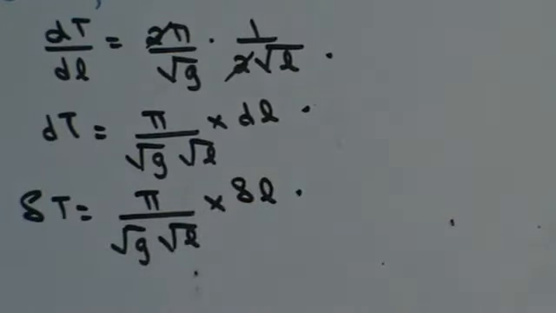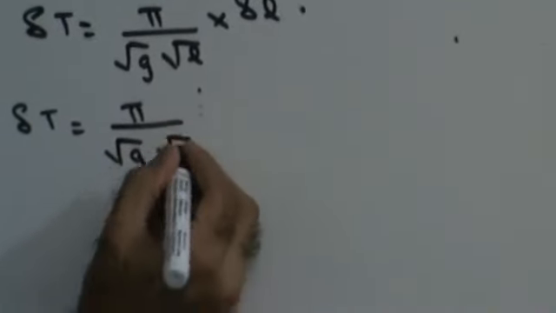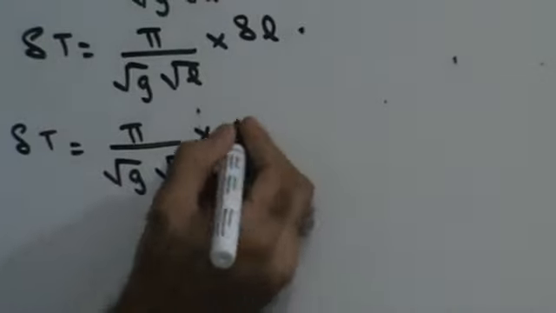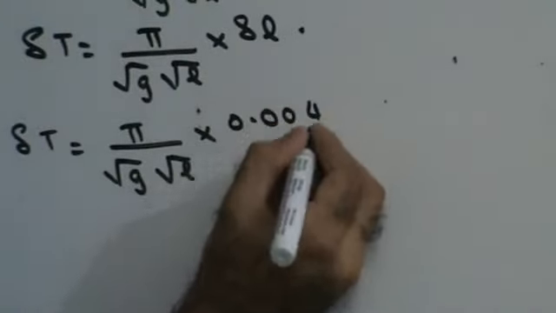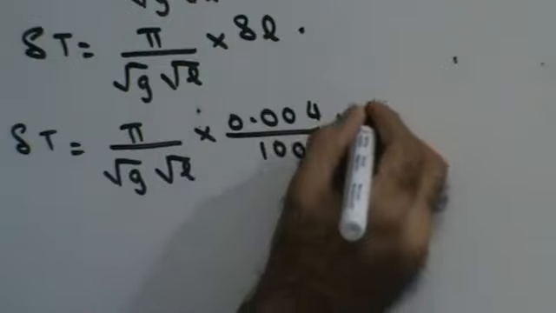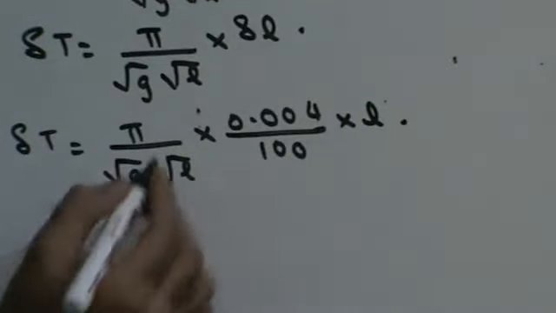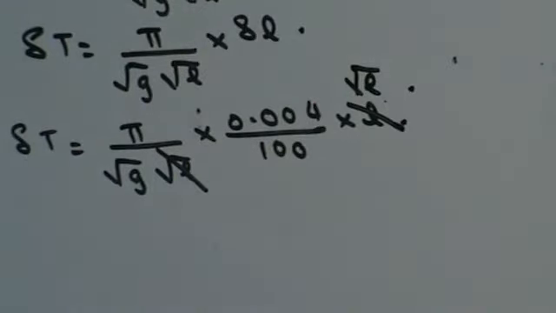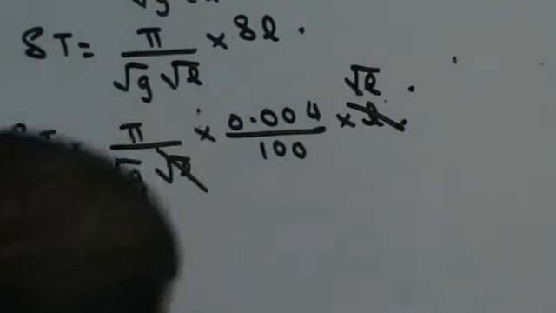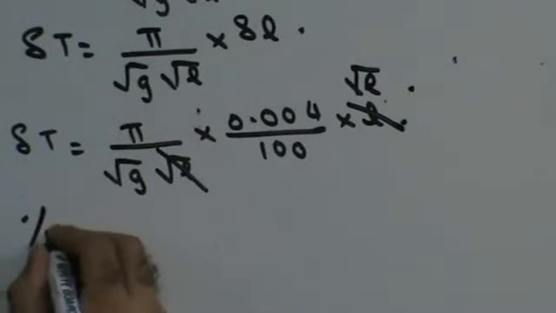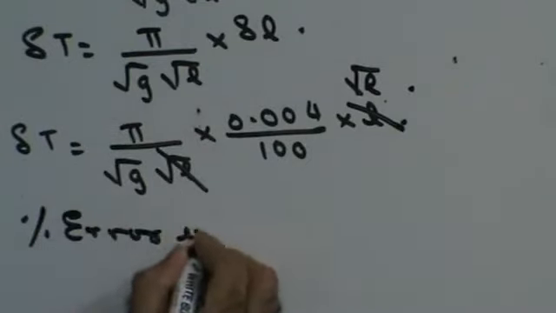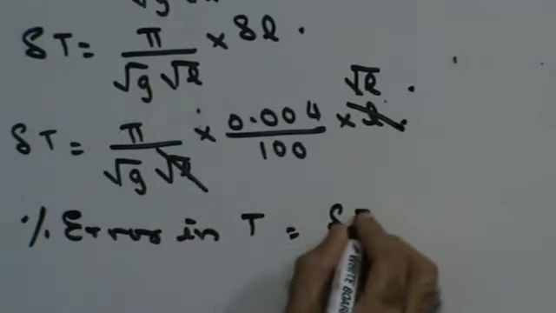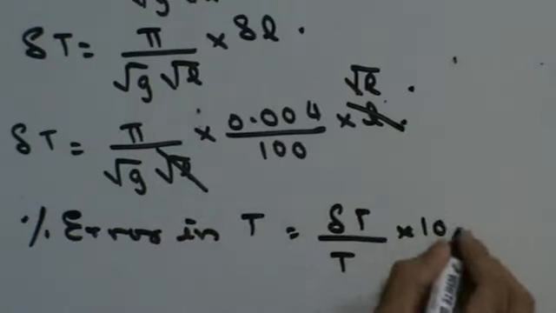But delta L is given to you in the sum. Delta T is pi by root g into root L into delta L, which is 0.004 upon 100 into L, right? Now root L and L get cancelled to give you root L here. Once I know this, then I can find out the percentage error in T. Percentage error in T is error in T upon T into 100.